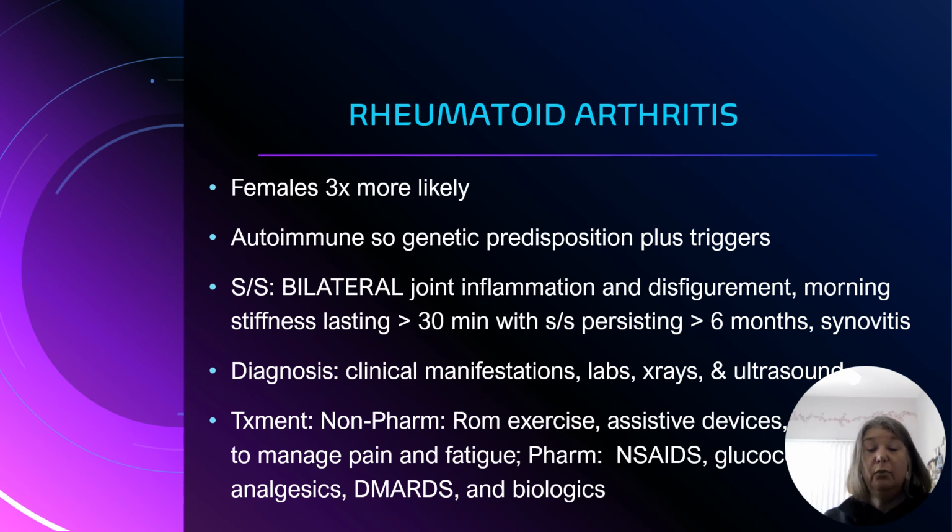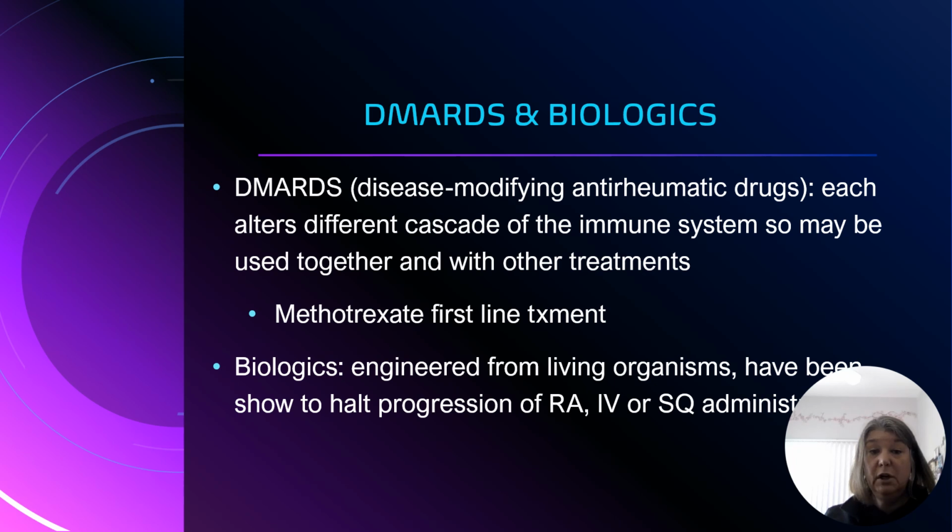The one thing that we're going to see with RA that we don't see with OA being used is DMARDs. These are disease-modifying anti-rheumatic drugs, okay? So DMARDs are going to be used with RA. This slide is about DMARDs. We have synthetic DMARDs.